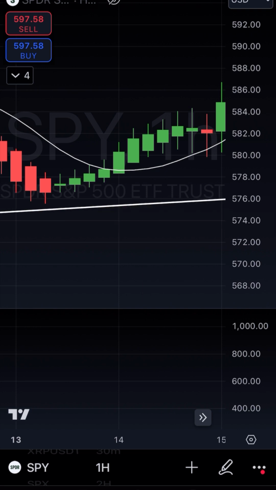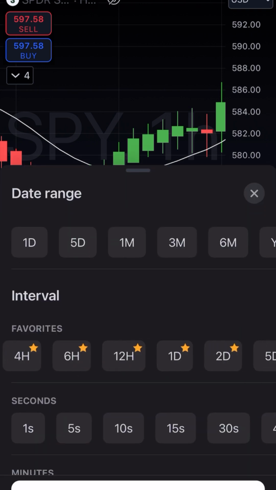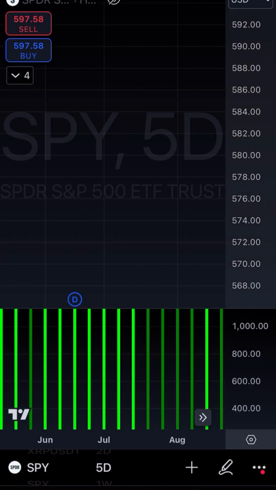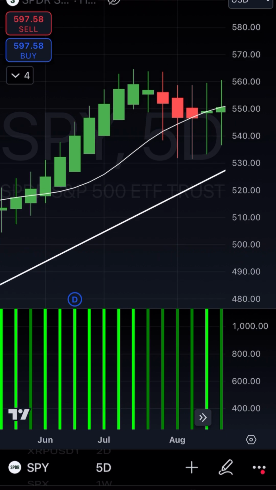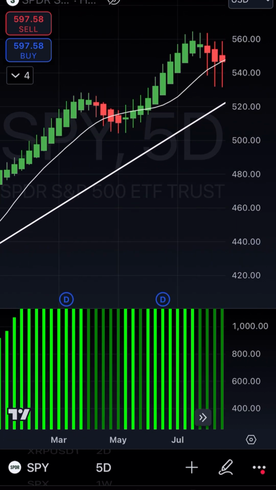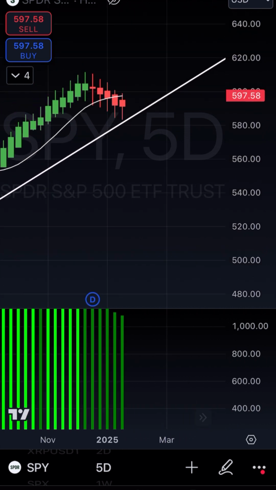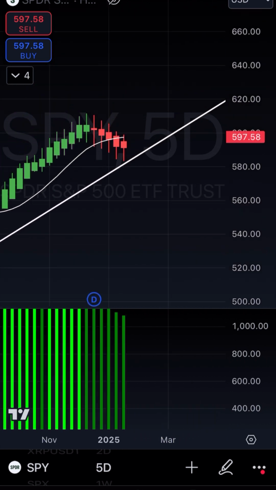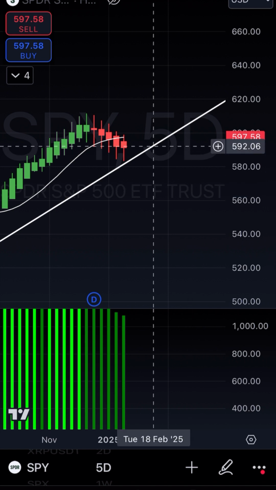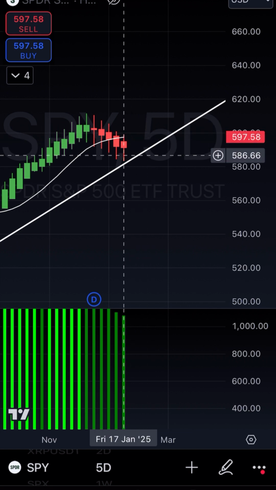First thing you need to do is go to your 5-day and draw your trend line, and you'll be able to measure. And this is basically, if you're doing Robinhood, you have to be a little bit more precise, because you got contracts and they expire.